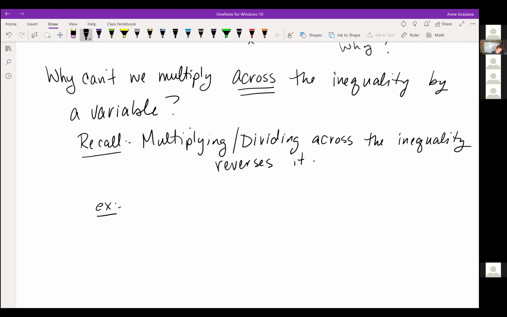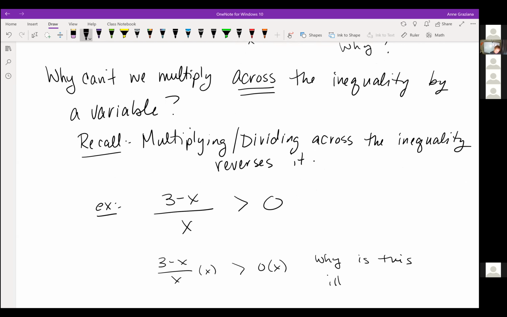Okay. So let's look at an example like this. Let's just look at 3 minus x over x greater than 0. Okay. So wouldn't it just be easier if we could multiply by x, right? If we could, then I would just, like in the equation, the question is, why is this illegal?